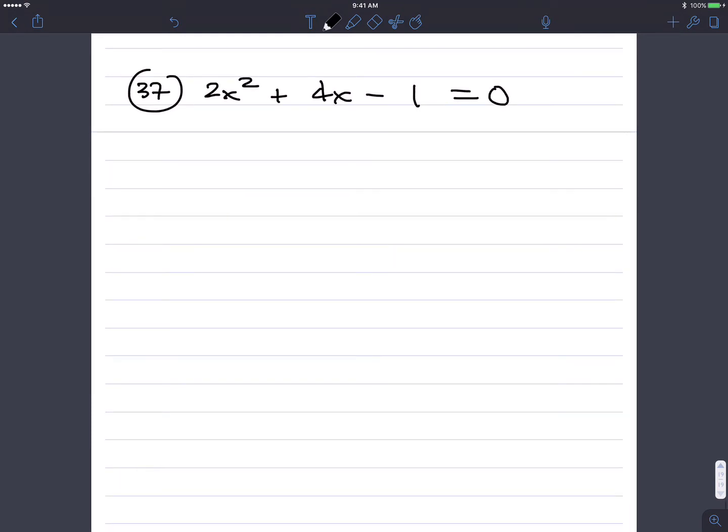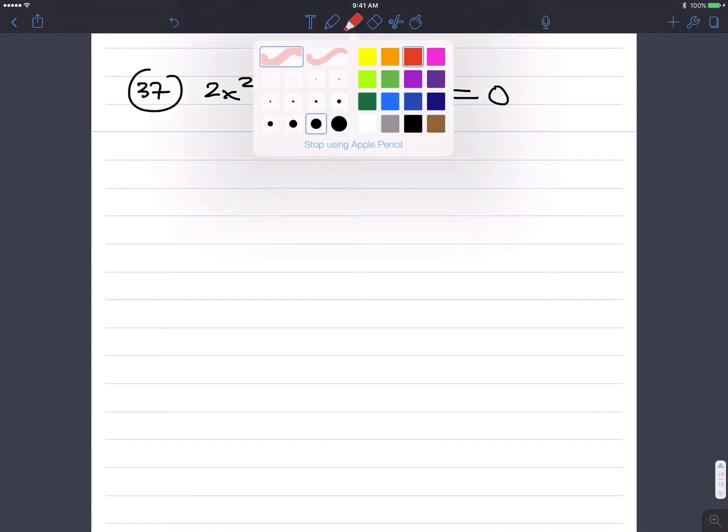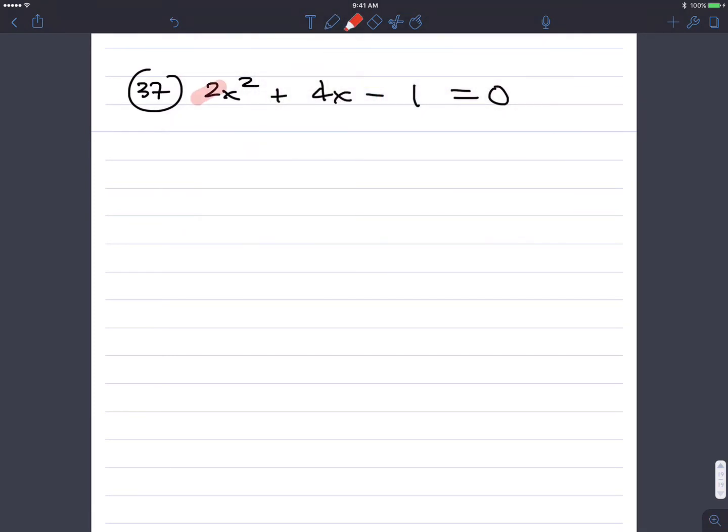37. 2x squared plus 4x minus 1 is 0. Now we're going to go with the same approach here. Notice again, this starts off with my a value not being 1, it's actually 2.